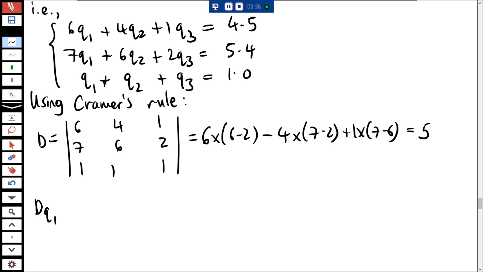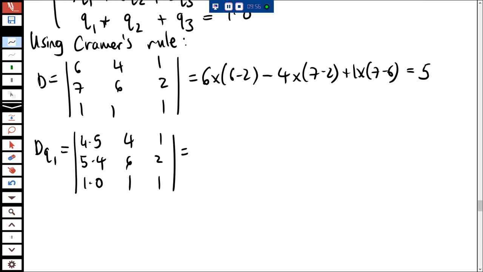Then I'm going to replace the first column, the 6, the 7 and the 1, by the column on the right-hand side. This is Cramer's rule. Everything else stays the same.